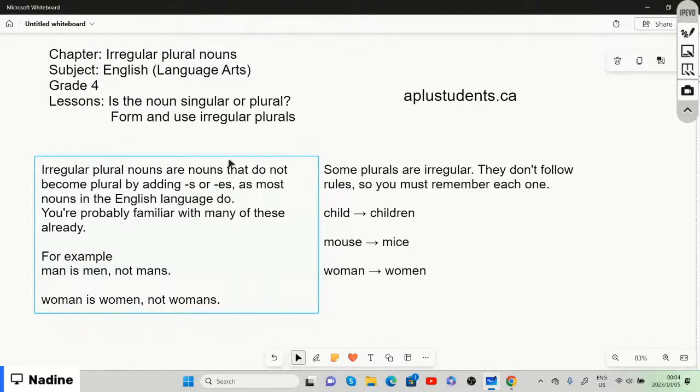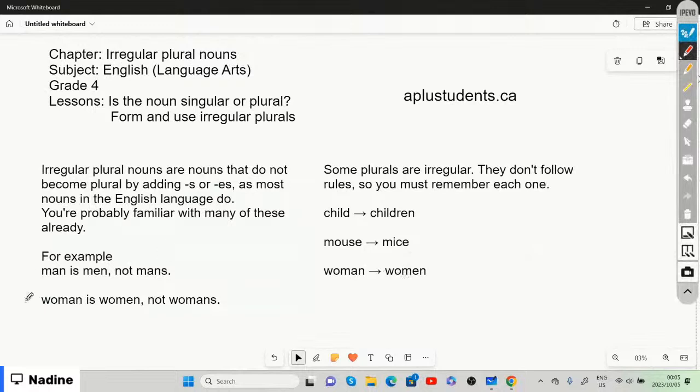Most nouns in the English language follow this rule, so that is probably something you are quite familiar with. However, it is totally different when it comes to irregular plurals, because we don't just add an S or ES to the plural form.